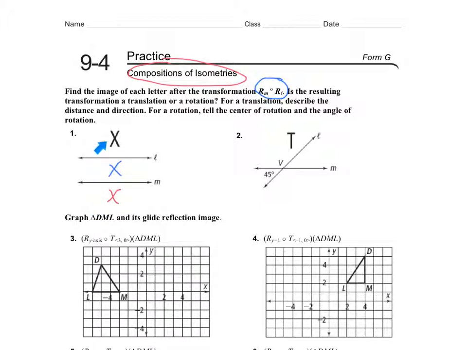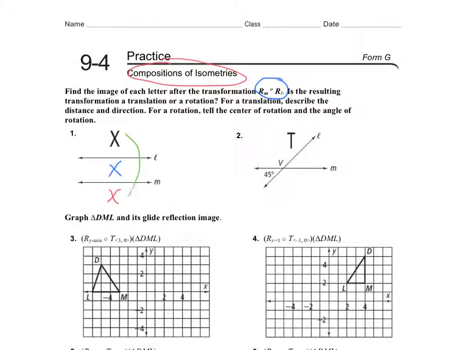And the distance that the X is translated is twice the distance between these two lines. Because this distance from here to here is half, and this distance from here to here is half. So from here to here is the full distance between the lines, and from here to here is a full distance between the lines.